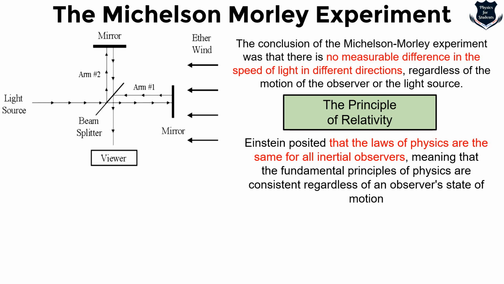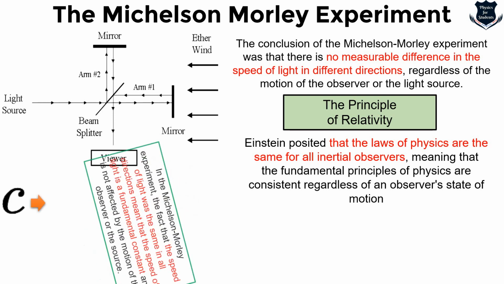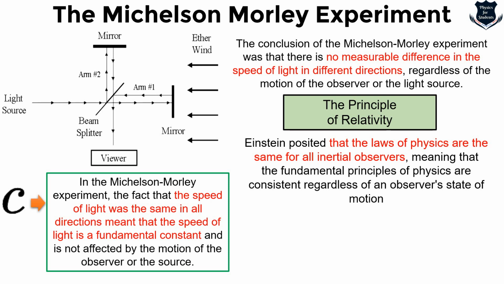It is something like if A equals B and B equals C, then obviously A has to equal C. The fundamental principles of physics are consistent. So this c, the speed of light in the Michelson-Morley experiment, was found to be the same in all directions, and the speed of light is a fundamental constant.